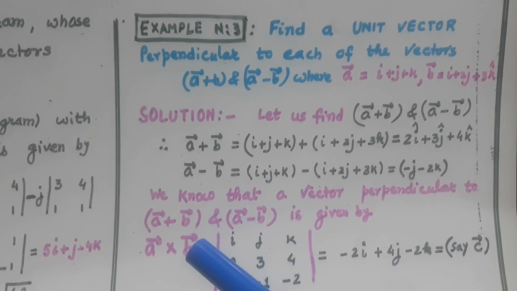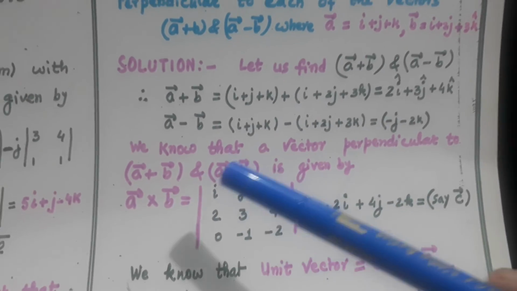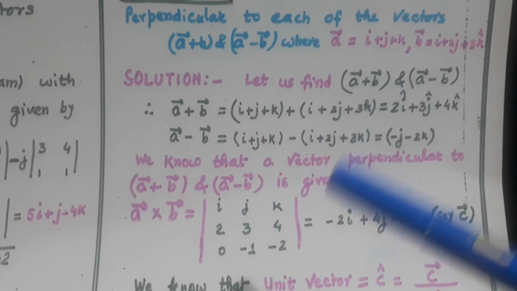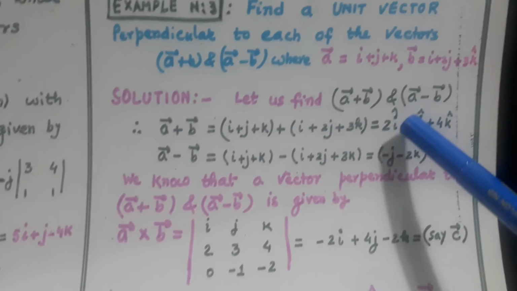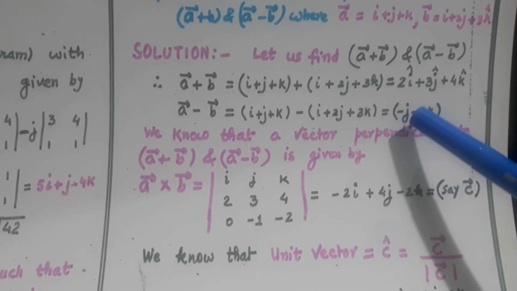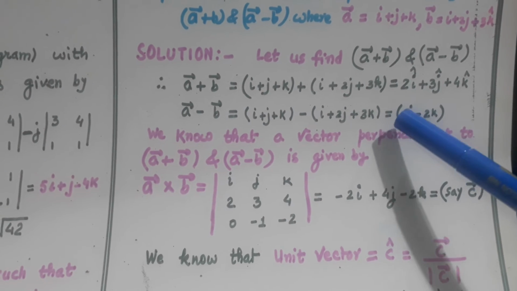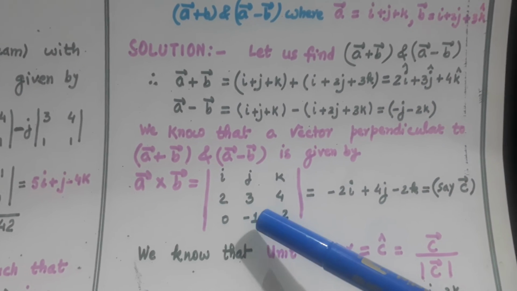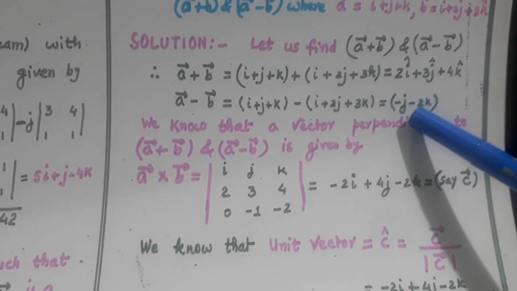So let us find the cross product. Cross product is determinant. i j k always there. Then write the components of the first vector, 2, 3, 4. Write the components of the second vector. Since i is not there, take it 0. 0, minus 1, minus 2.